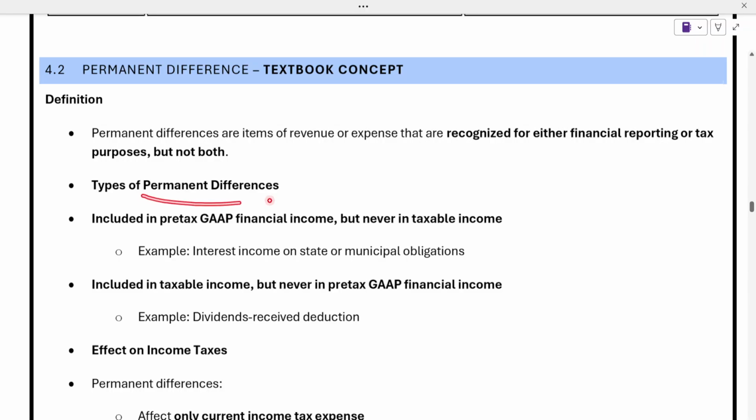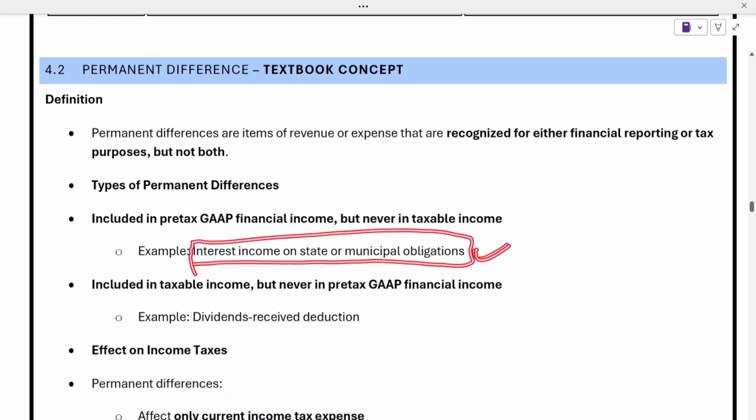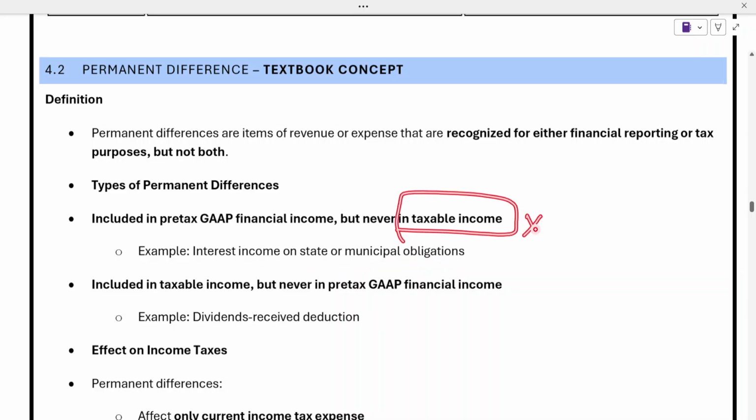Now what are the types of permanent differences? One type is included in pre-tax GAAP financial income but never in taxable income. So on these items you won't pay tax anywhere or anytime. The example is interest income on state or municipal corporation bonds. If some company earns interest on state or municipal corporation bonds, they won't pay income taxes on that.